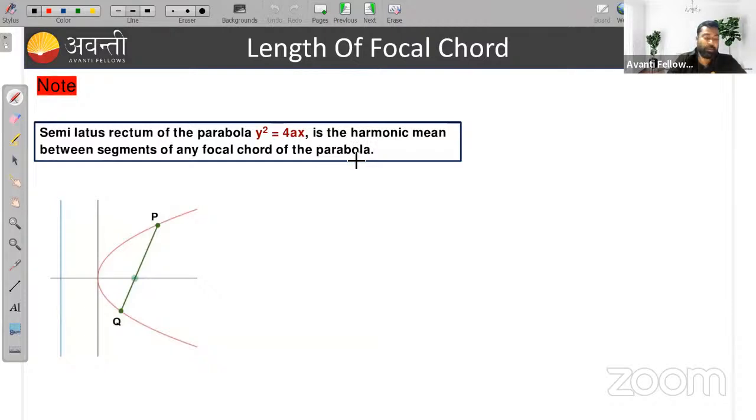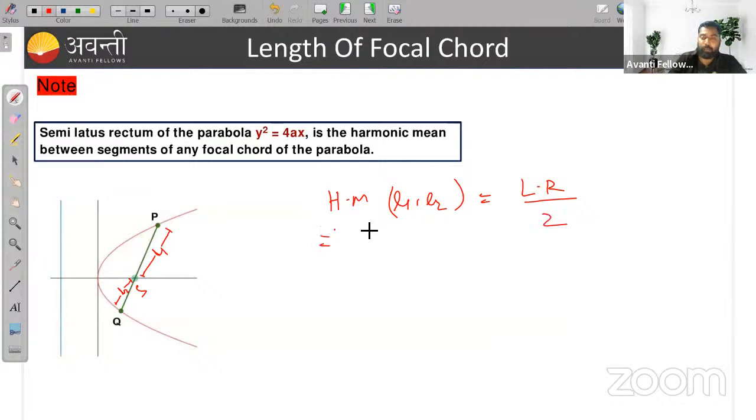Suppose PS has length L1 and QS has length L2. Then it is saying that the harmonic mean of L1 and L2 will be the length of the latus rectum upon 2.